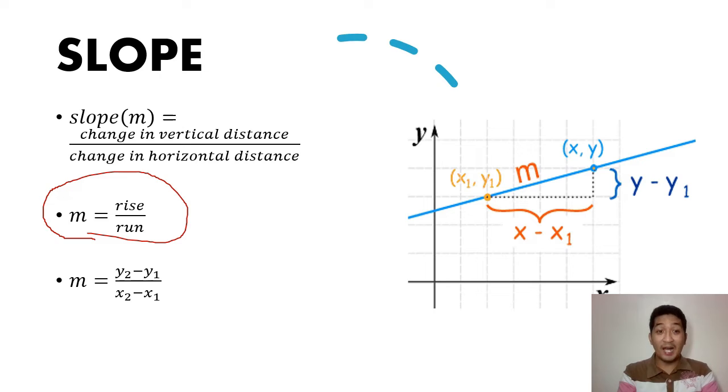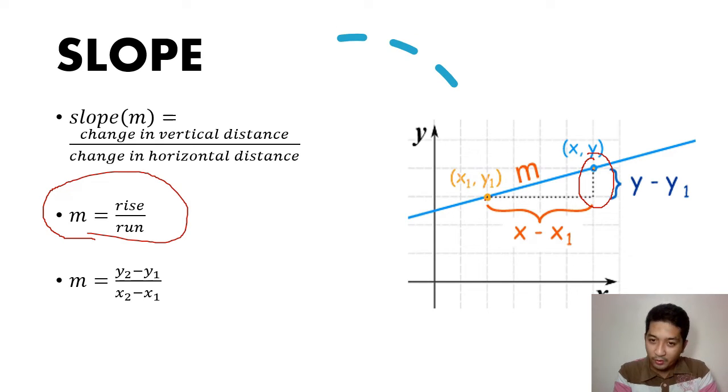So, when we say the rise, it's the change in the vertical line, sorry. So it's the change between these 2 points, from this point to this point on the vertical line. And then the run is the change in the horizontal.